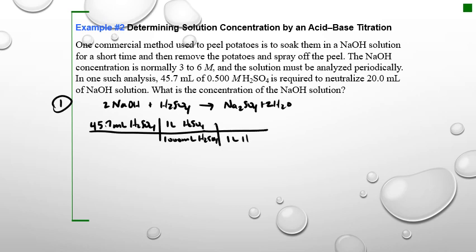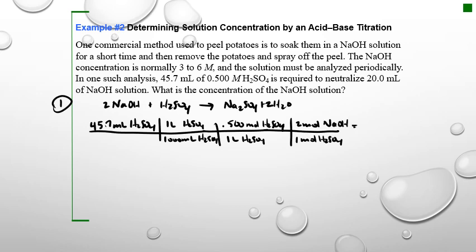For every 1 liter of H2SO4 I have 0.500 moles of H2SO4, and now I need to convert that into moles of sodium hydroxide. For every 1 mole of H2SO4 we need 2 moles of NaOH.